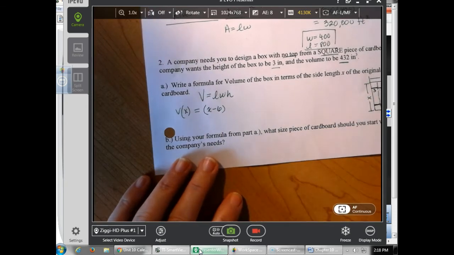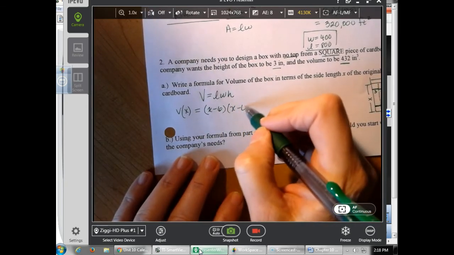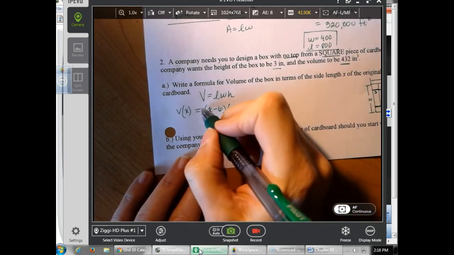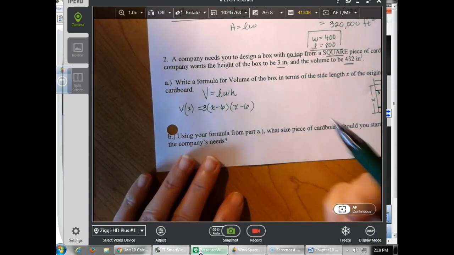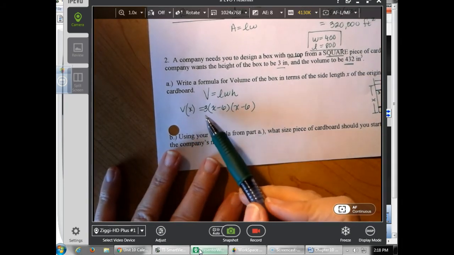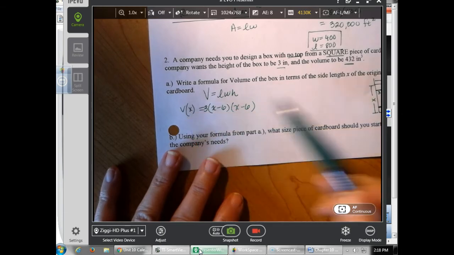For the other piece, it's the same thing. It's x minus 6, but all of that would get multiplied by 3. So I'll stick the 3 out front. That's the function we could use, and it would give us the volume depending on the size of the original square.